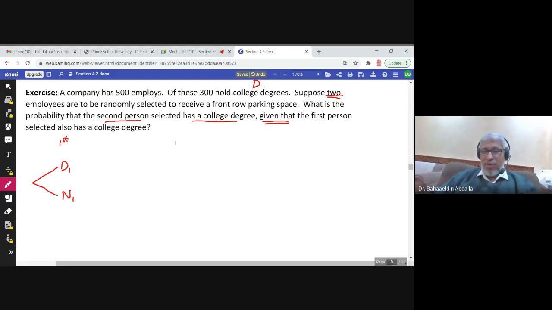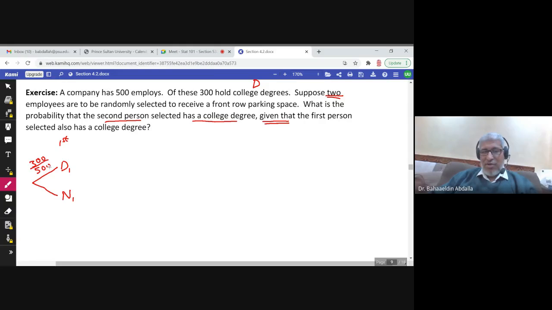If the experiment is selecting one employee of the 500, this would be the sample space, either college degree or not. If I ask you, what is the probability of D1? Can you find it? Yes. How many have college degrees? 300. So you simply divide 300 by the total number of employees.